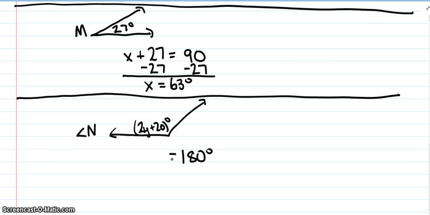That's our goal. The supplement is going to be another angle, this angle right here, and we don't know that, so we're going to call it x. To get to 180, we have to add them together, and this is going to be 2y plus 20 degrees.